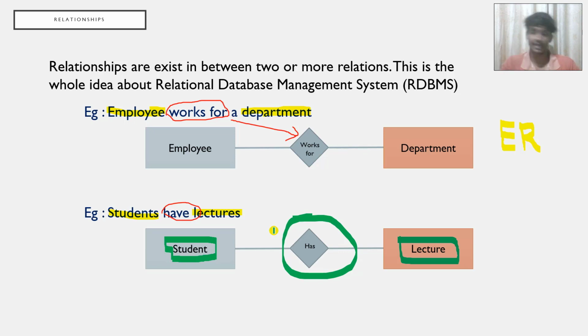Maybe the given context has non-singular values or non-singular components. But your entities and relationships should be in a singular format, right? That's why I highlighted these things, because it's essential.